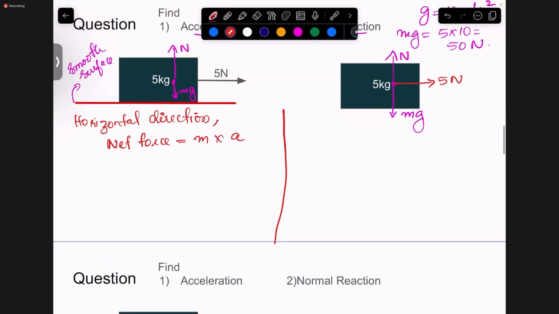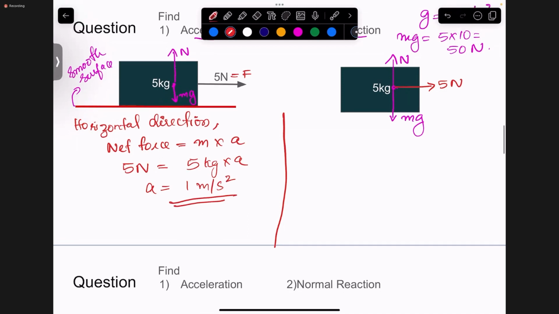So this is from the second law of Newton. Net force is what? This is the net force, right? So net force in the horizontal direction. There is no other force acting in the horizontal direction. So 5 Newton is equal to mass 5 kilogram times acceleration. So acceleration equal to 1 meter per second square.